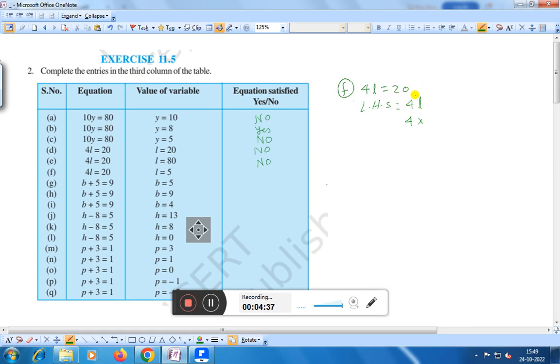The value of L is 5, that is 4 into 5 is 20. Therefore, left hand side is equal to right hand side. Therefore, it satisfies the equation. Therefore, it is yes.